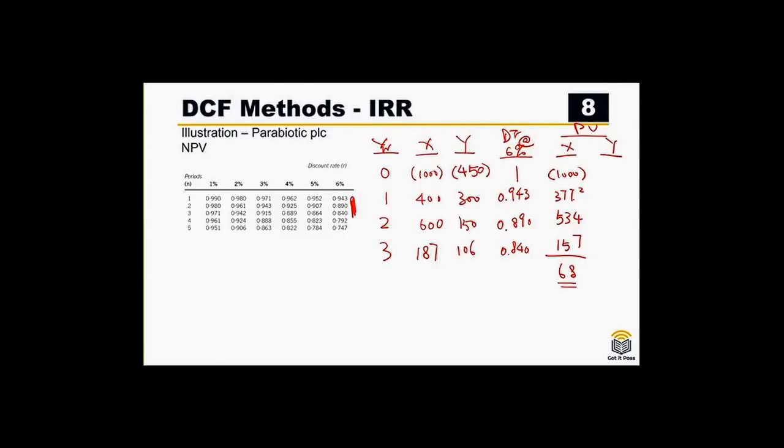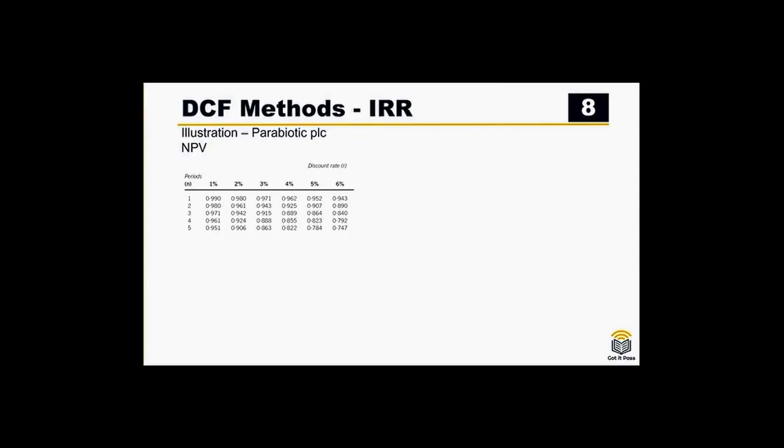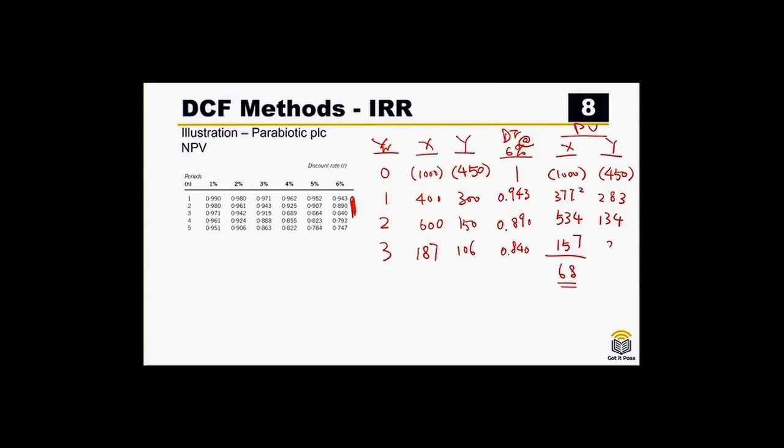So the PV calculation: 450 initial investment with discount factor at 1, and then in the first year we got 283, the second year 134, and the third year is 89. So altogether it is 56.